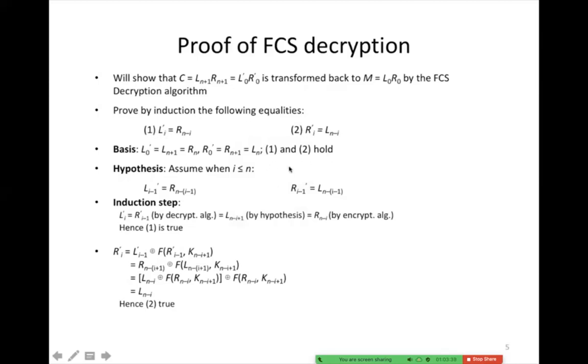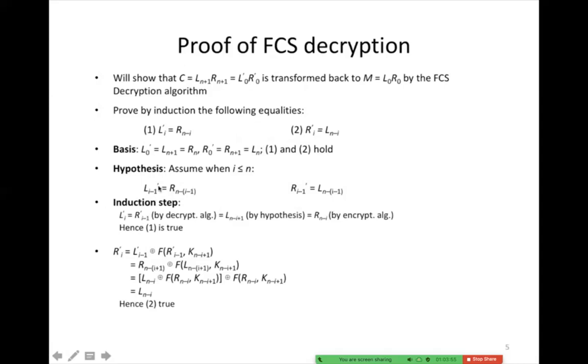Now we make a hypothesis. We are going to assume that for i less than or equal to n, these equalities hold. This is a standard way to do mathematical induction.